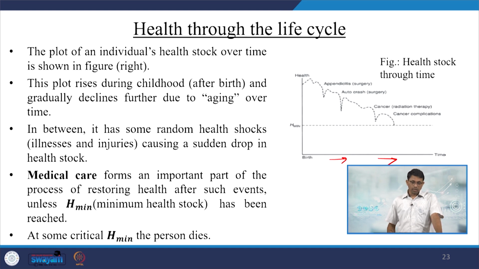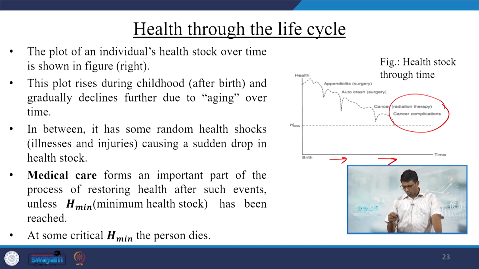The plot of the individual health stock over time is shown in this figure, which I have already mentioned. This plot rises during childhood and gradually declines due to aging over time. In between, it has some random health shocks like illness and injuries, different levels of injuries. I think you can easily note these injuries are more complicated.